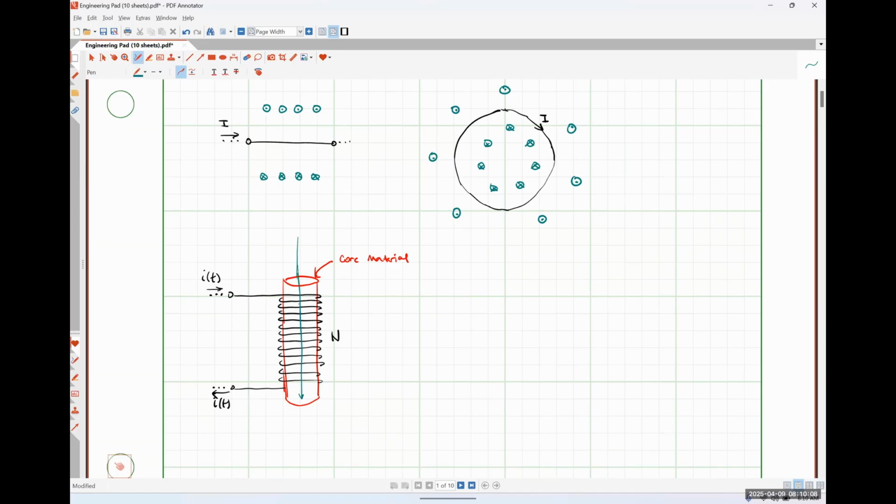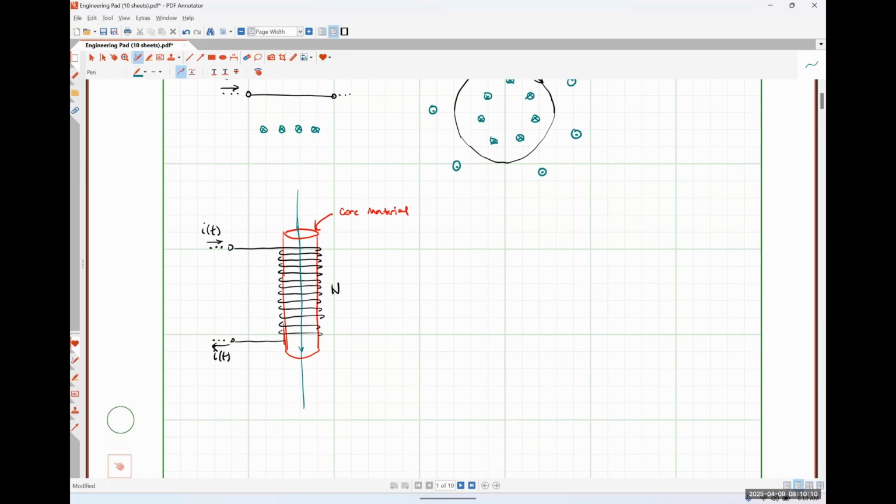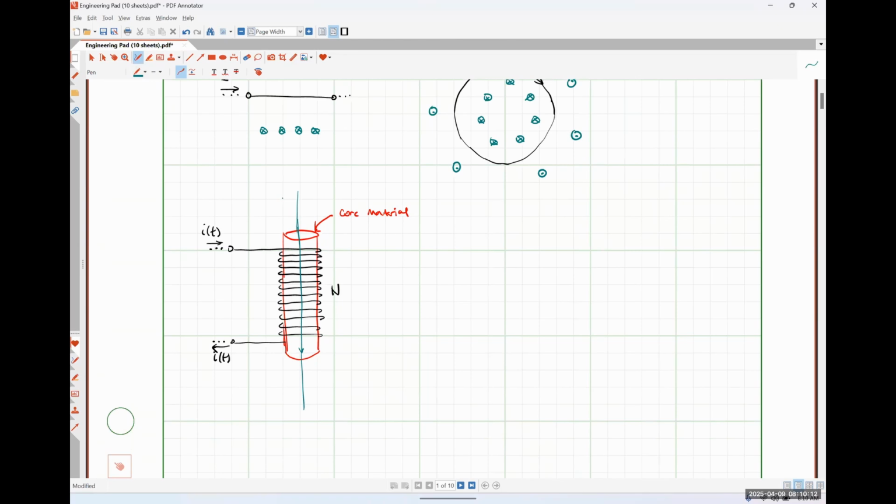So along our central axis, we'll have a straight line, but then as we get away from our central axis, we'll have something like this happening. And we do one on the other side as well, just for the hell of it. Okay.